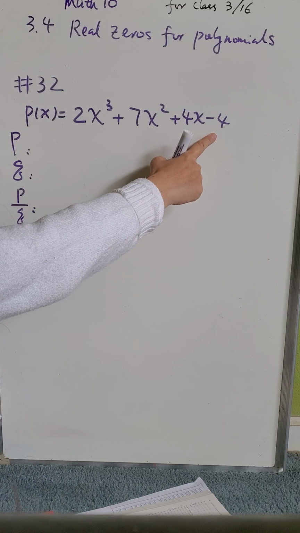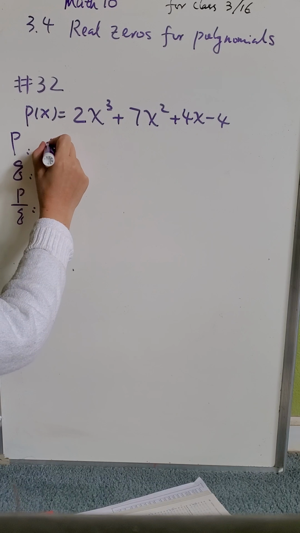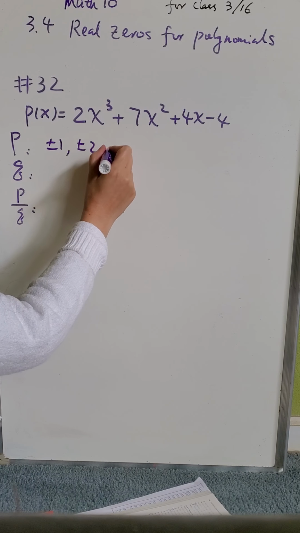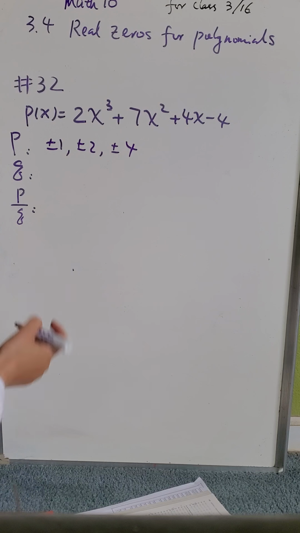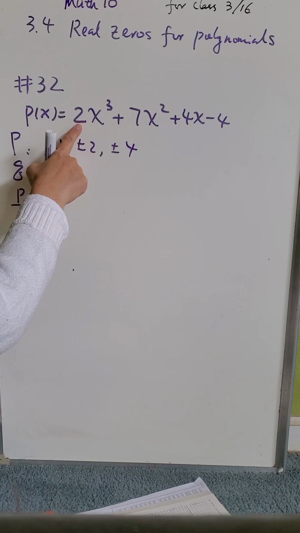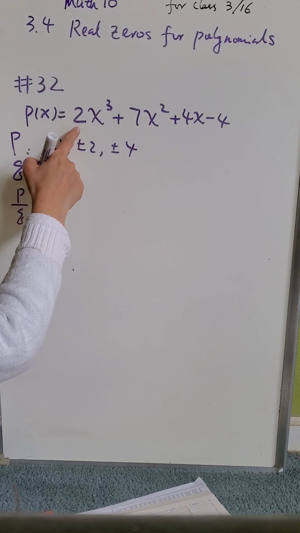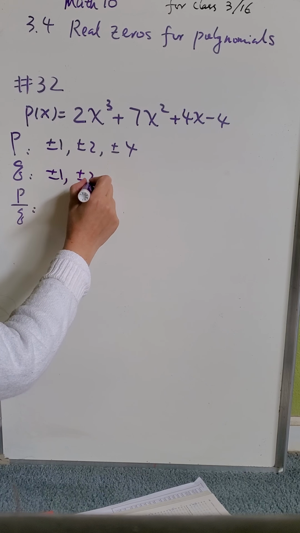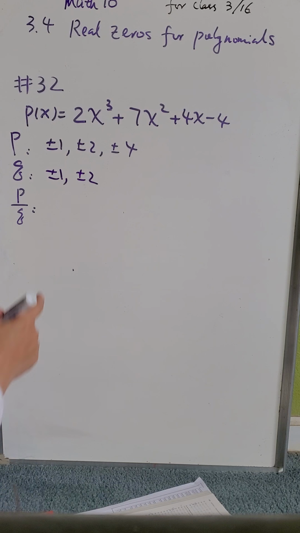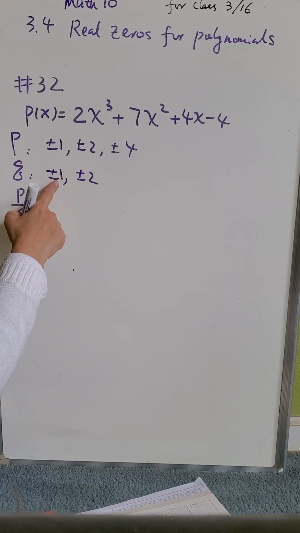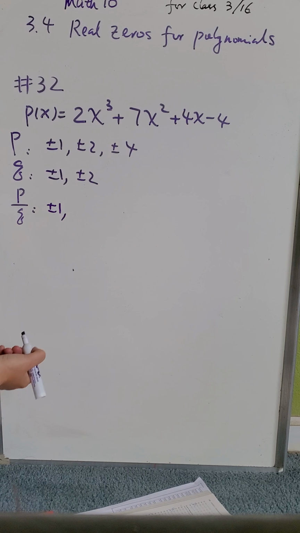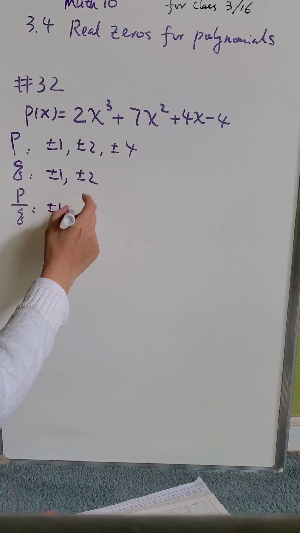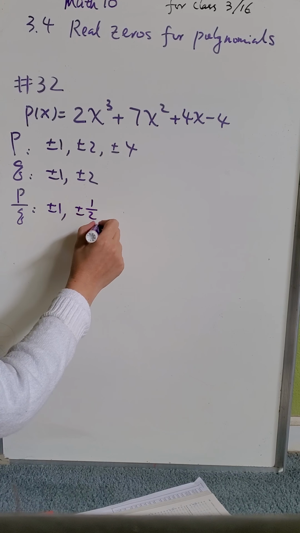P are all the numbers that can divide 4, so that would be plus minus 1, plus minus 2, and plus minus 4. This time my Q is not 1, so all the numbers that can divide 2 are plus minus 1, plus minus 2. Now your P divided by Q: you take the 1 divided by this one first, it's just plus minus 1. This divided by that, that's plus minus 1/2.